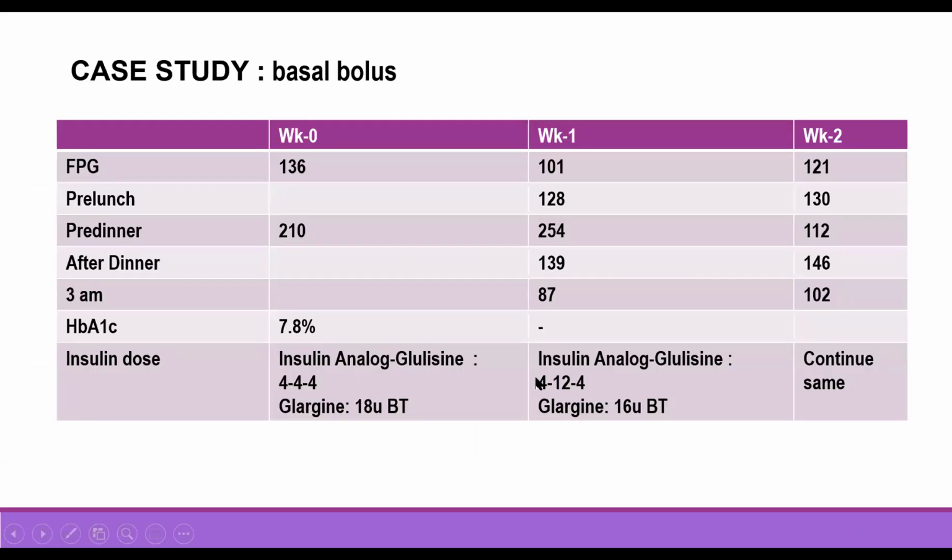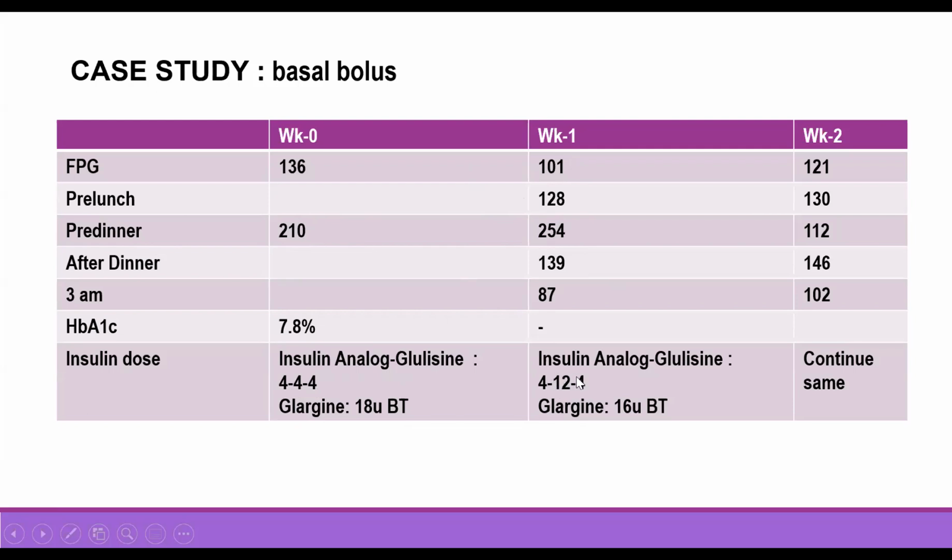And we started the basal insulin 18 units at bedtime and 4 units of analog insulin lysine before breakfast, before lunch, before dinner. You can see there's a progressive improvement in the glycemic control, but the pre-dinner value was higher. From 210, it became 254. So we increased the pre-lunch lysine insulin.